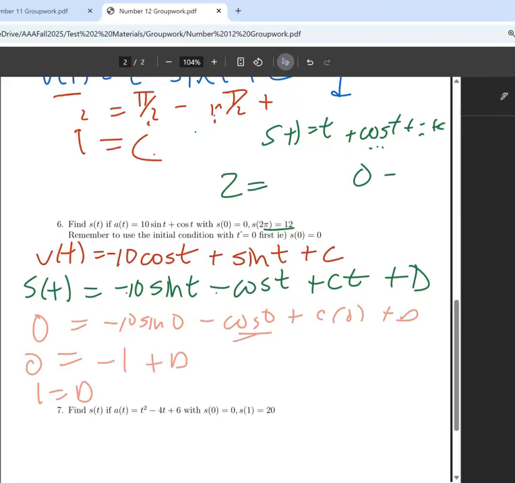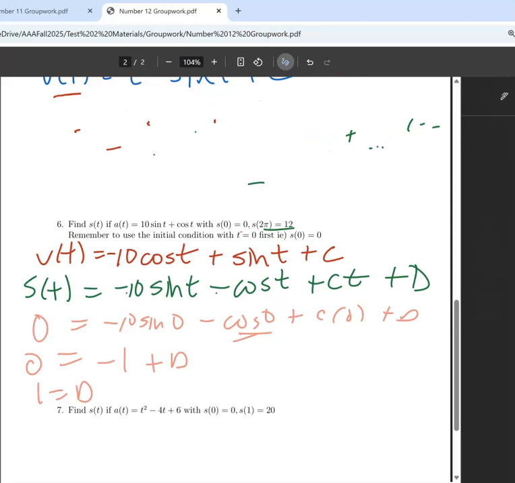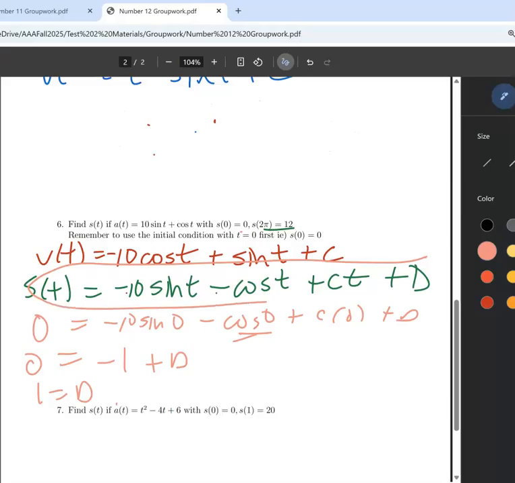Okay, so that makes some room up here. So I've found one of the two variables. Then I can go in and check out what the other variable is, the c, by plugging in the other initial condition. So again, I have to first rewrite this. So let me do it up here.